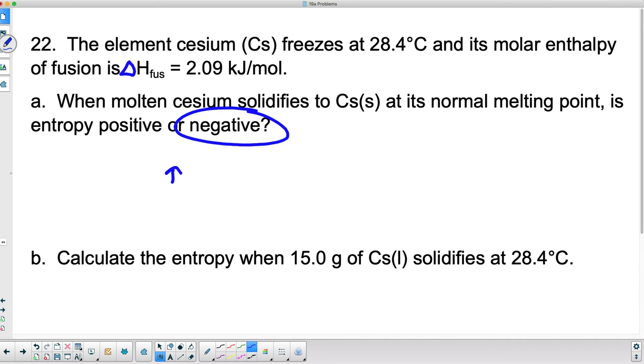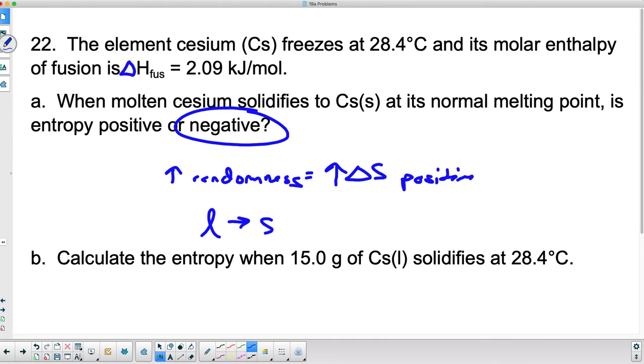If you increase randomness, then you increase delta S, which means that it's positive. But if you're going from a liquid to a solid, that is decreasing randomness, which means that you are decreasing delta S, which means that it's negative.